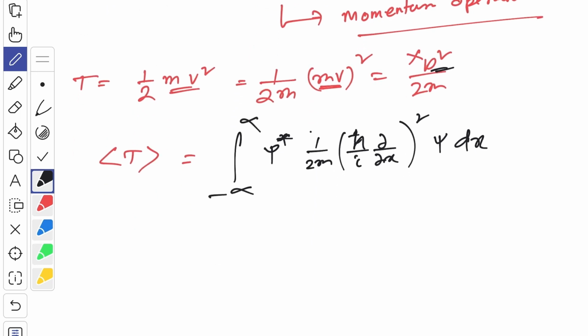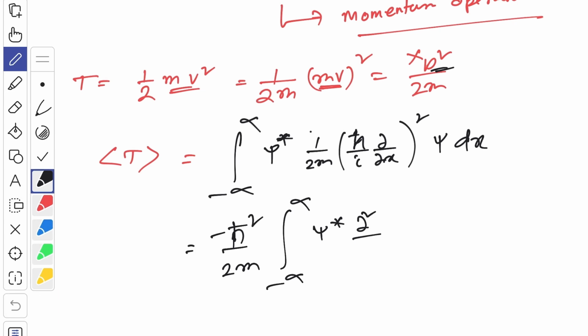Okay, you get this, and after simplification, what you are going to have, minus h cut square by twice m, integral from minus infinity to plus infinity of psi star del 2 by del x2 psi dx. So you will get this.